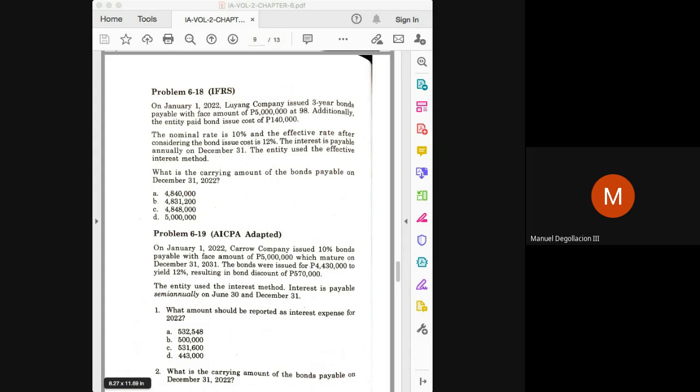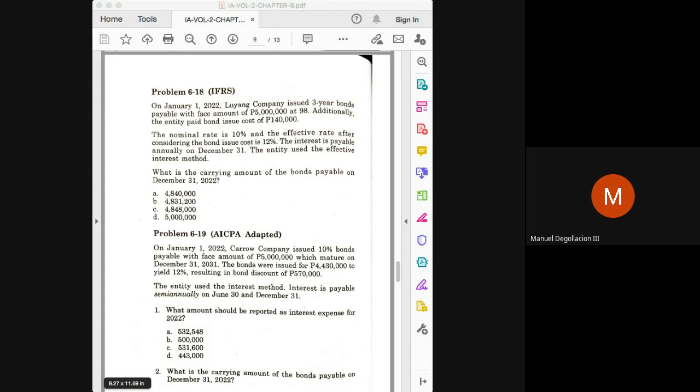It's easy for us to determine the fixed interest payment, but aside from that, we need the interest expense to get the amortization, and we need the amortization to get the unamortized discount, for us to ultimately solve for the carrying amount.